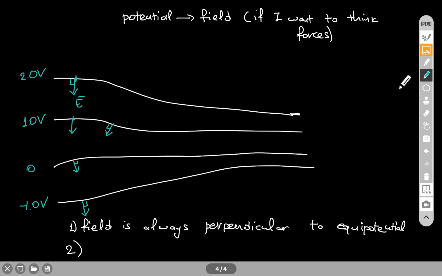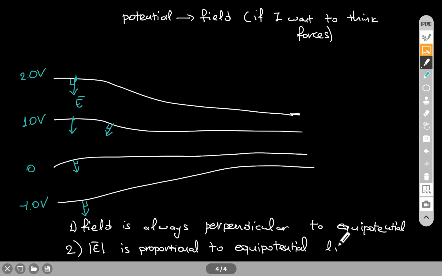Now, this was the first rule. The second one is that the strength, the magnitude of the electric field, is proportional to the equipotential line density.